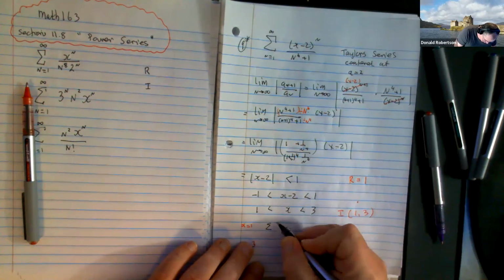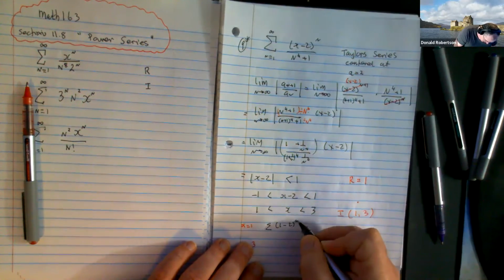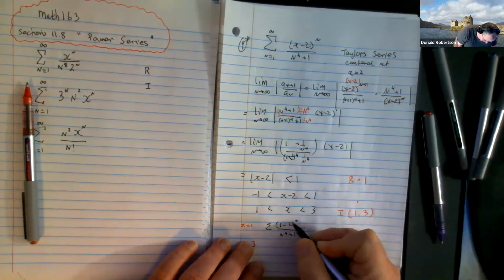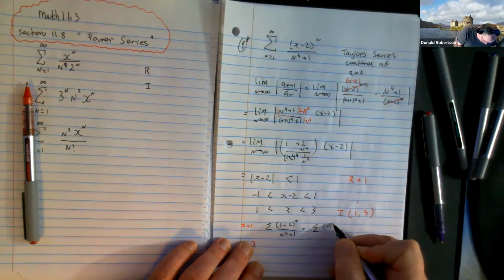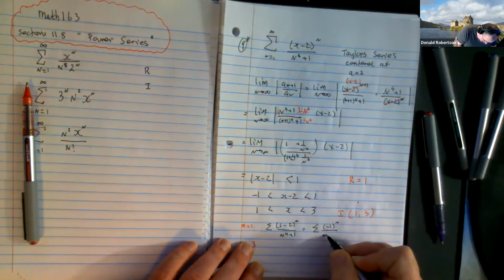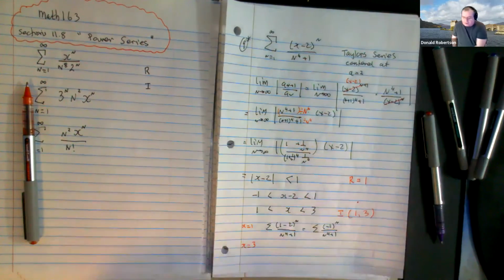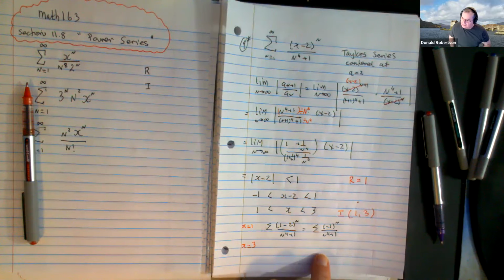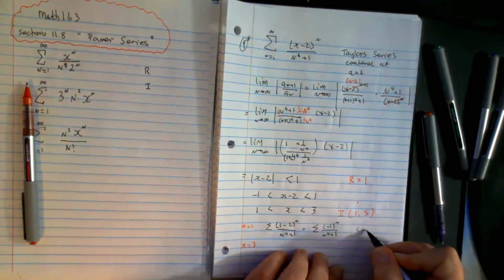You get 1 take away 2 to the n over n to the 4 plus 1. That becomes -1 to the n over n to the 4 plus 1. Do you see an alternating series here, guys? Does this one converge? Yeah, it converges.